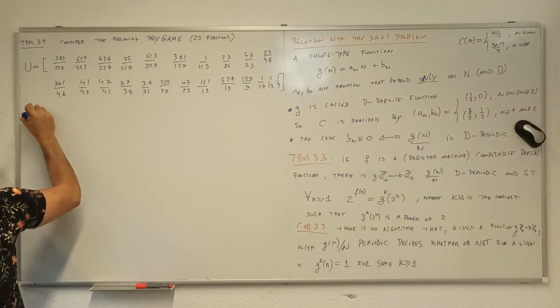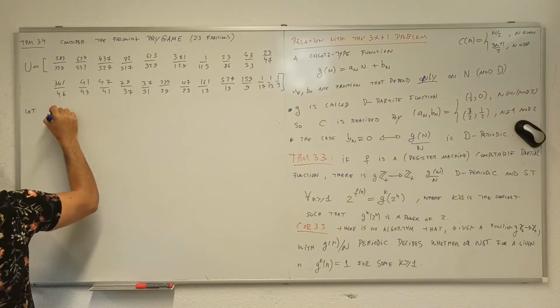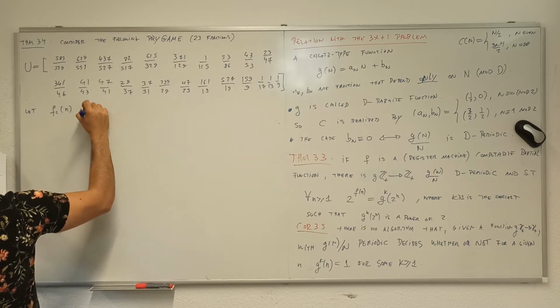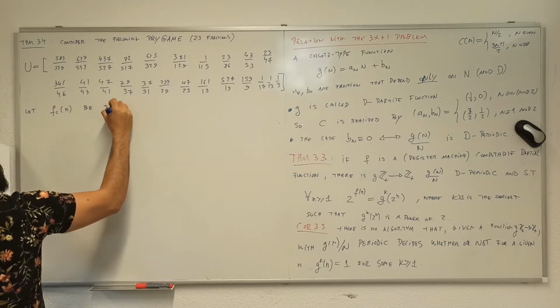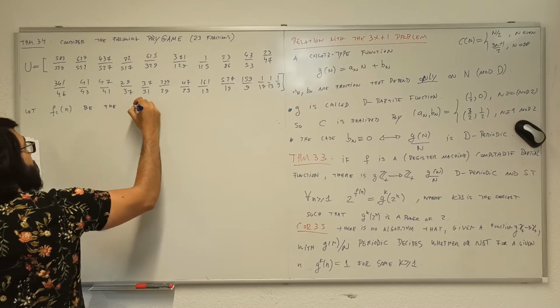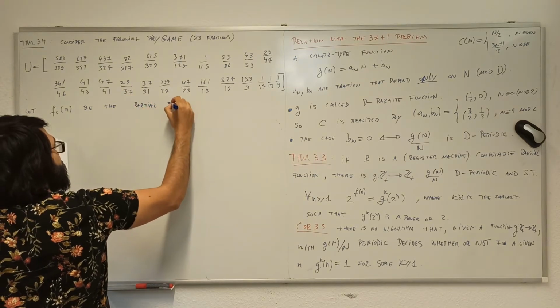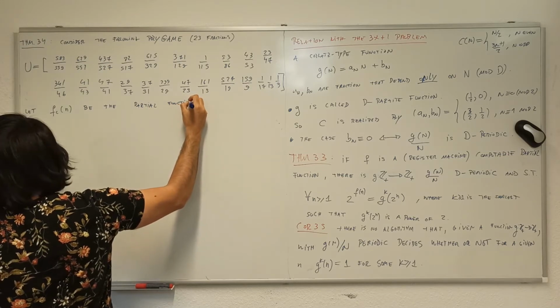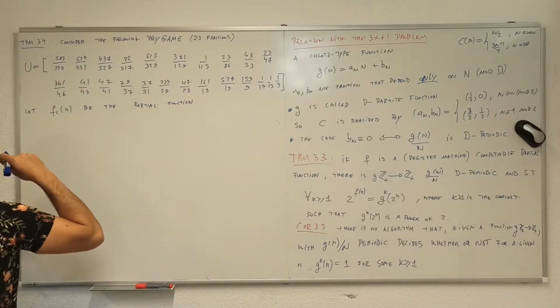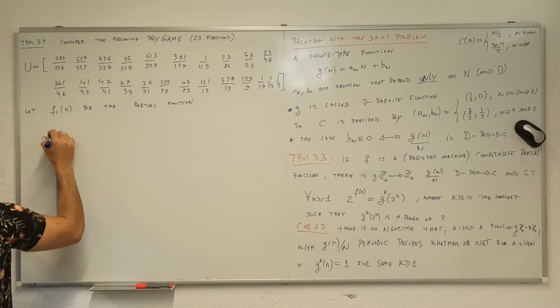So let f_c of n be the function, or partial function, which is defined by this.